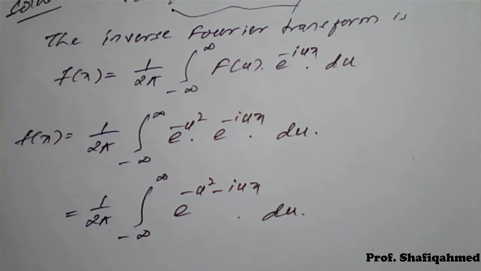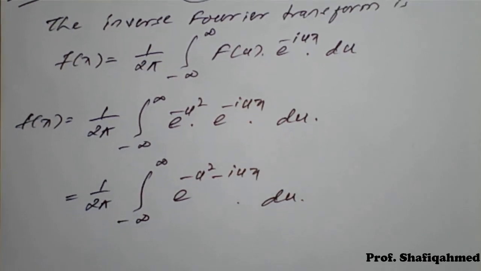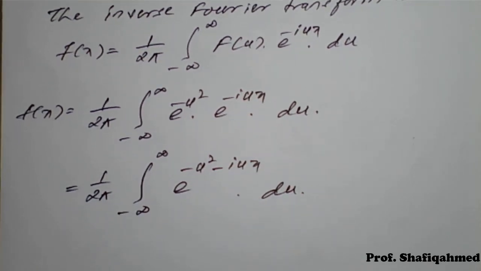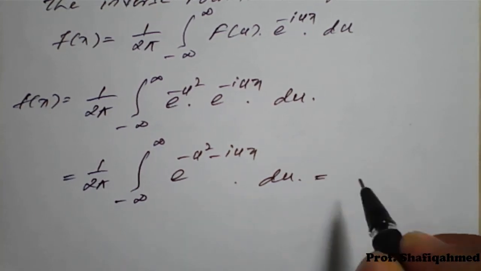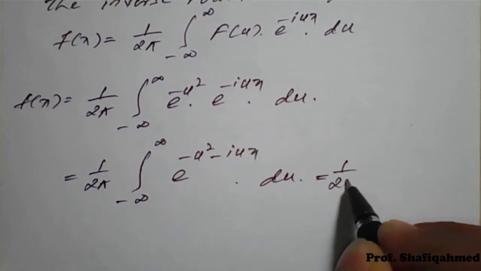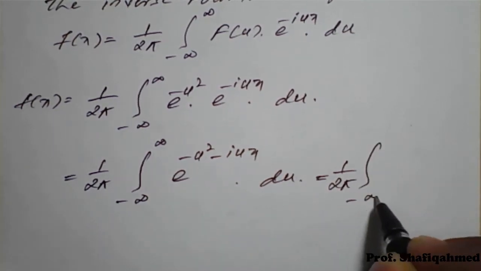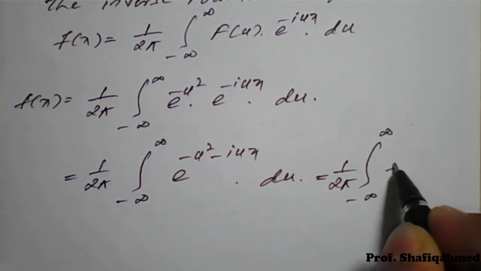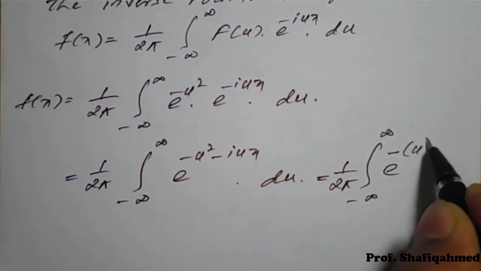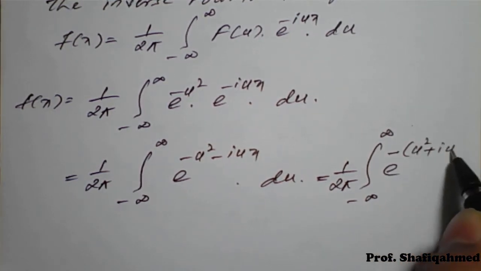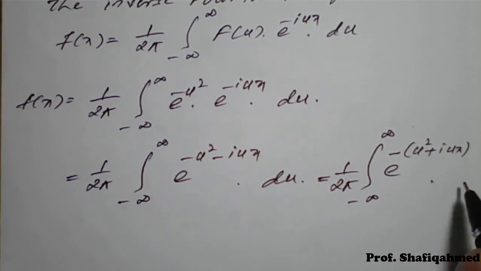So from the power, that is e to the minus u square minus i u x, I will take the minus sign common. We get 1 upon 2 pi integration minus infinity to plus infinity e raised to minus, taking the minus sign common, u square plus i u x into du.